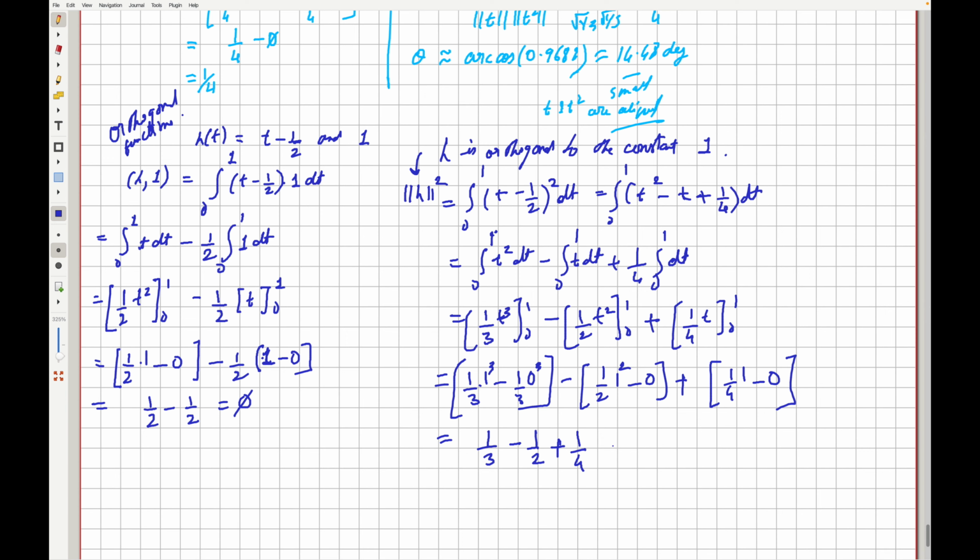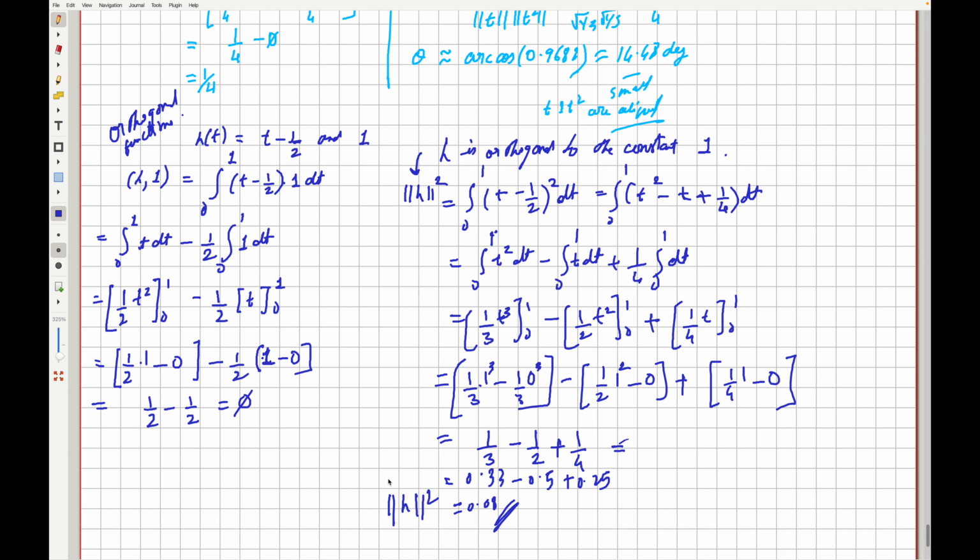Let's calculate the decimals from this. 1 by 3, 1 divided by 3, is 0.33, so this is 0.33 minus 0.5 plus 0.25, and if we add these, we get 0.08, and so that's the value of the norm of h squared.